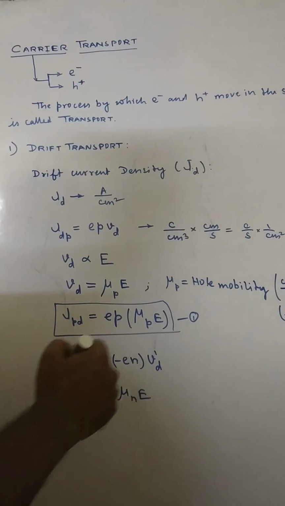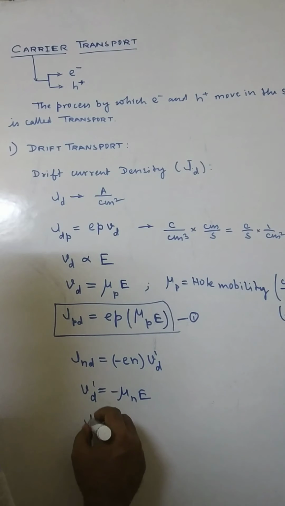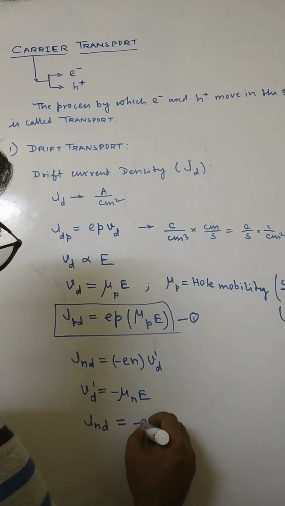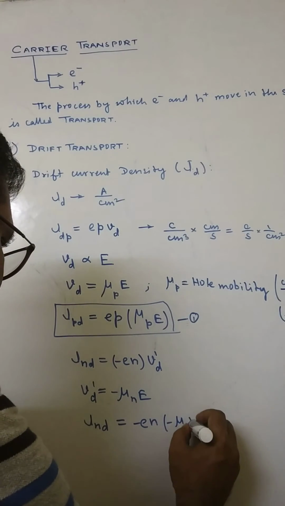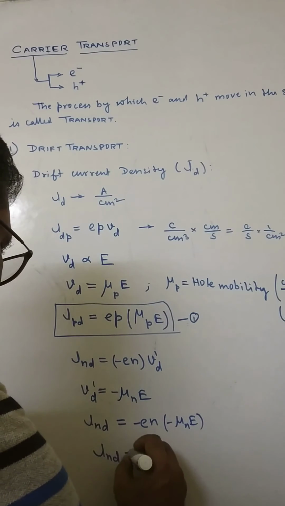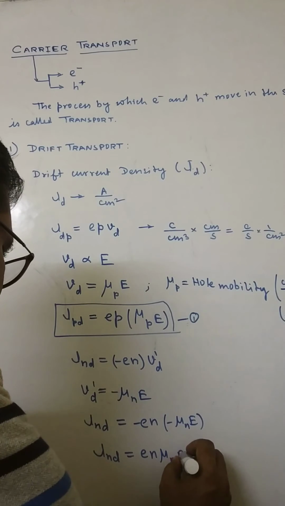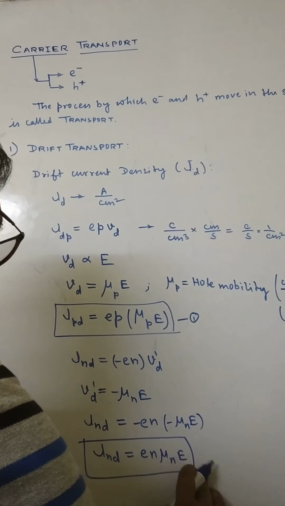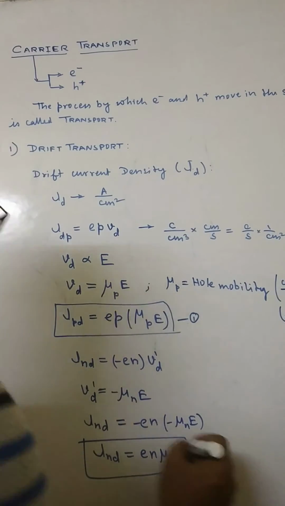So JND is minus E N into minus mu N E, which is E N mu N E. This is the current density due to electrons.